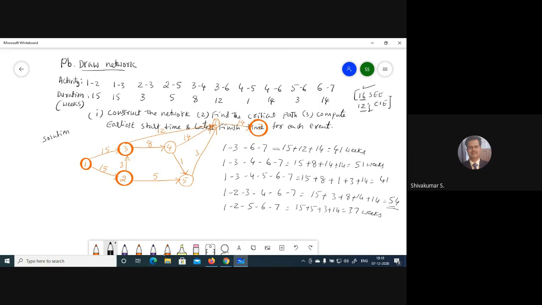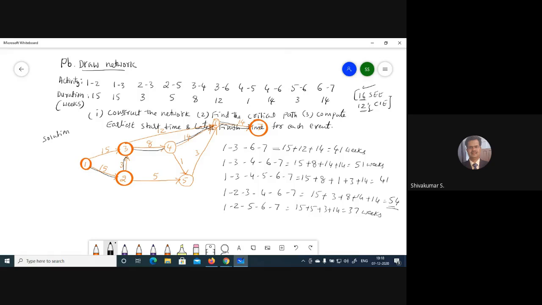So what you have to do now is mark a double line for this path. So for 1 to 2, you mark one more line here. Next 2 to 3, next 3 to 4, next 4 to 6, next 6 to 7.